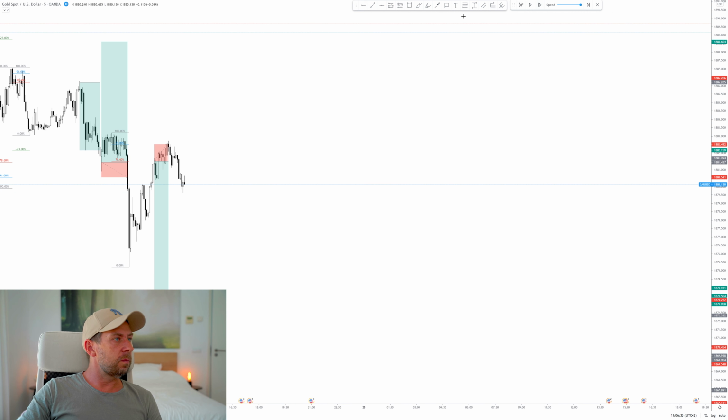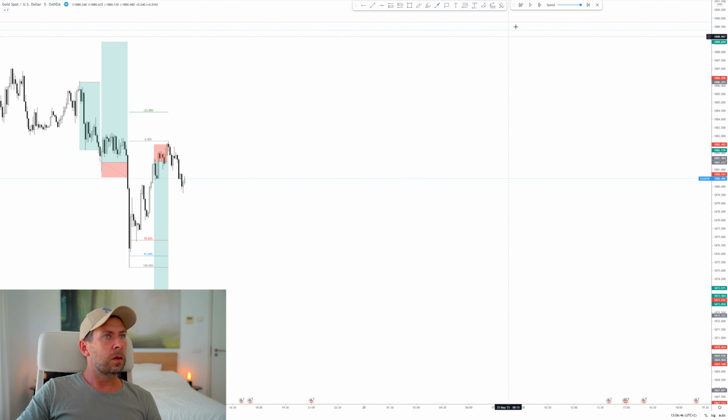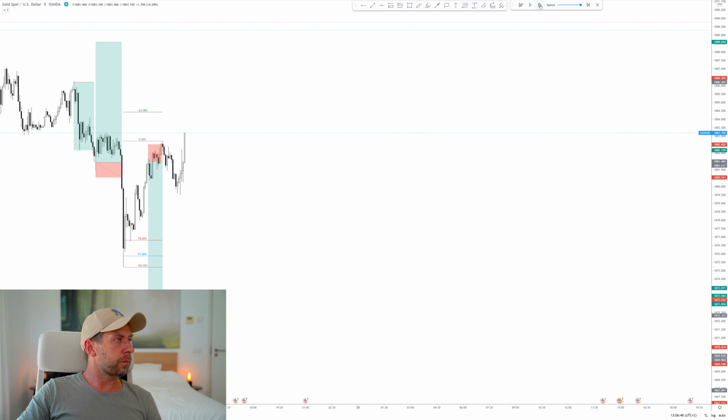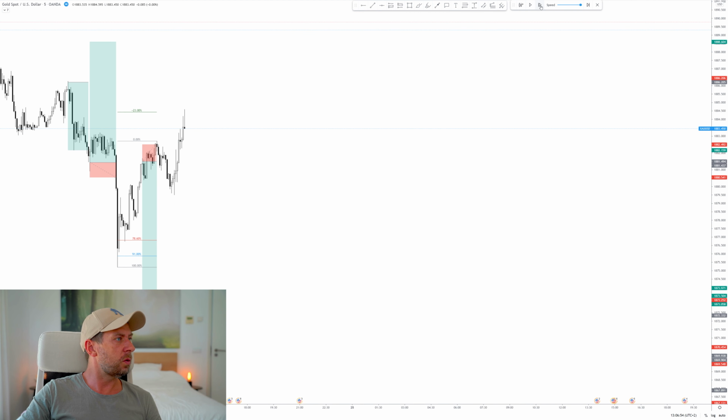We'll see. Okay, let's drag a tool here to see if we're gonna come down. And this one I remove the old ones. Okay, no it didn't. We made a new high, so either we have to adjust the Fibonacci tool or make a new one.